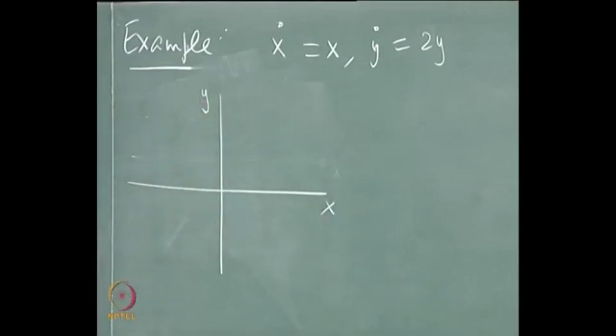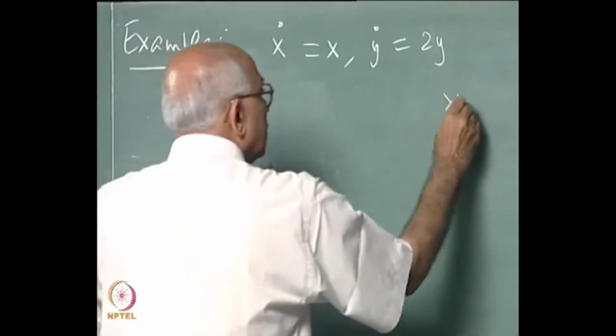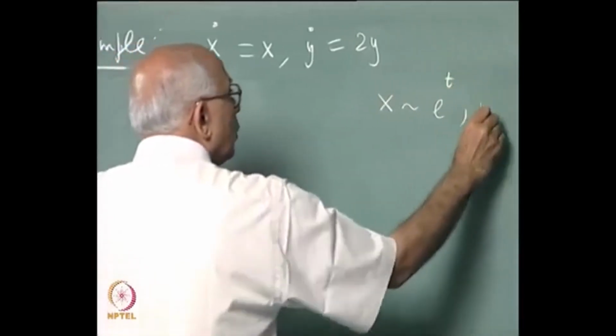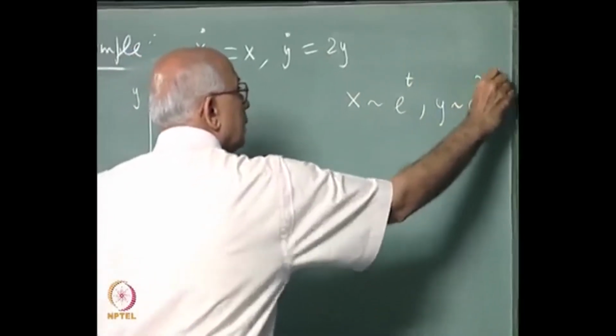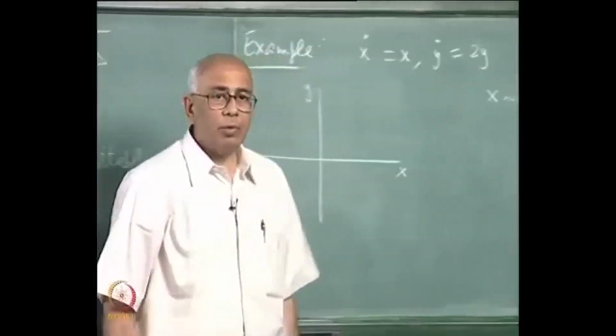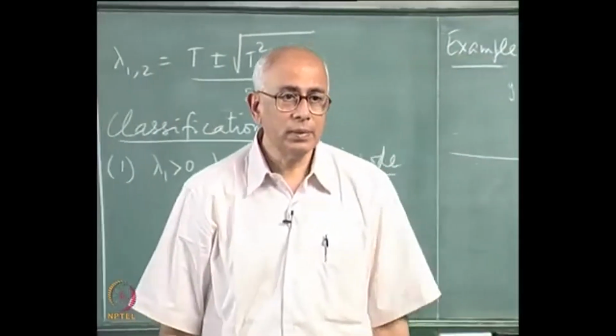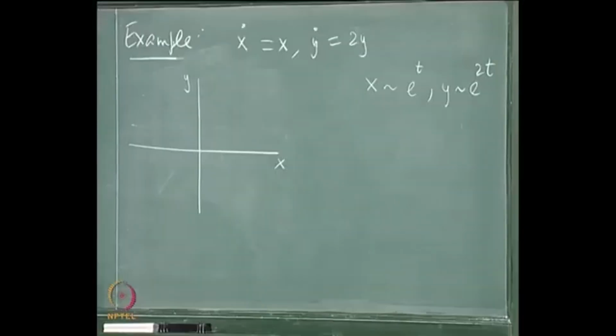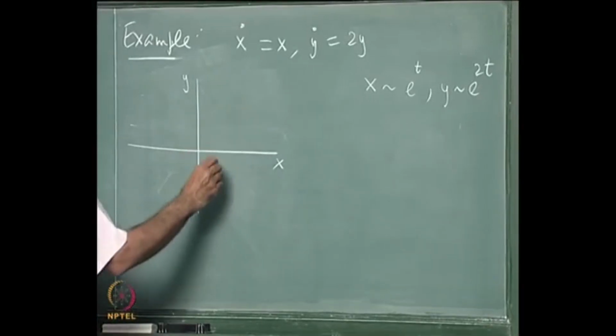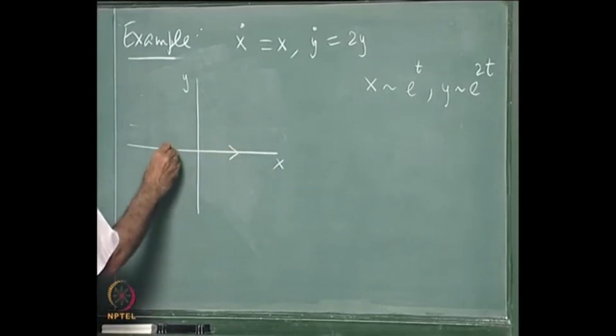It is evident from this that x goes like e to the power t while y goes like e to the power twice t. So therefore y goes like x squared, and what would the flow lines look like in this case? If you start off with y equal to 0, you are still going to be like that.